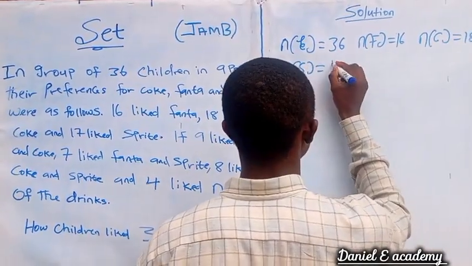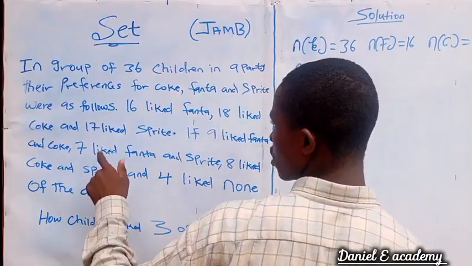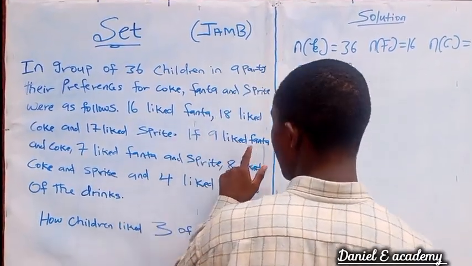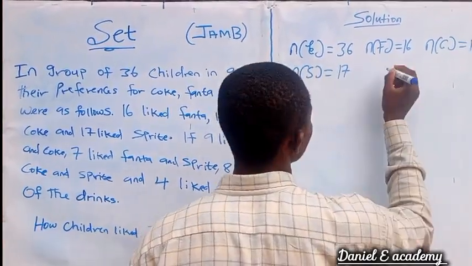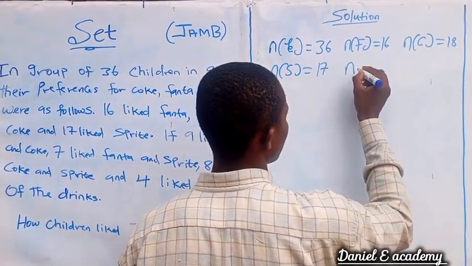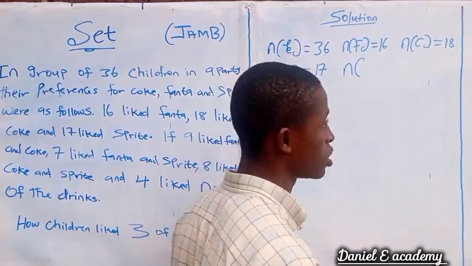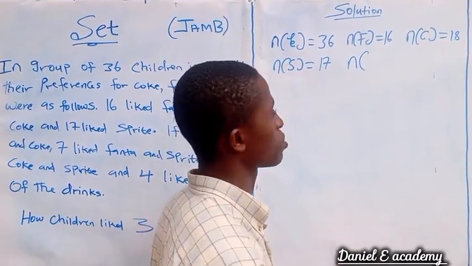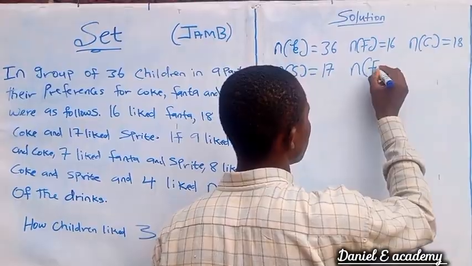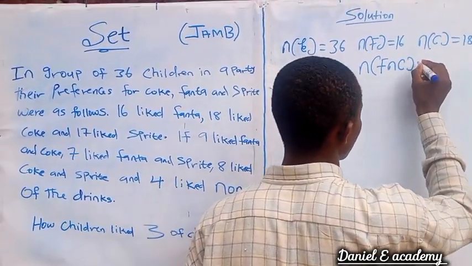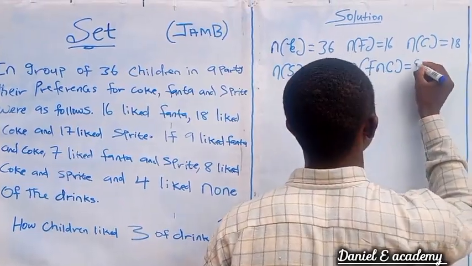is 17. Then if 9 like Fanta and Coke, which is Fanta intersection Coke, F intersection C is 9.